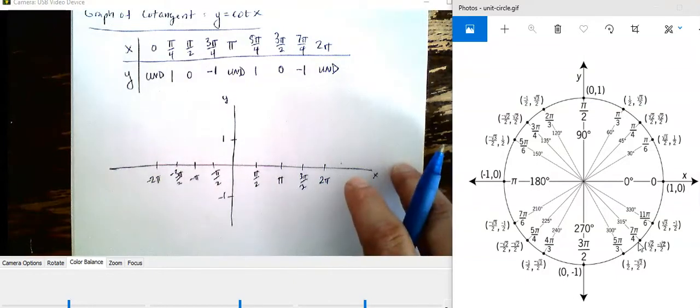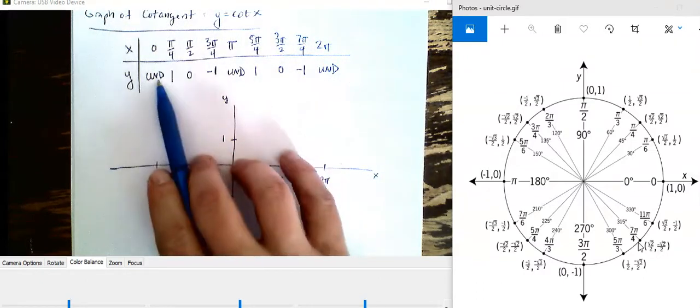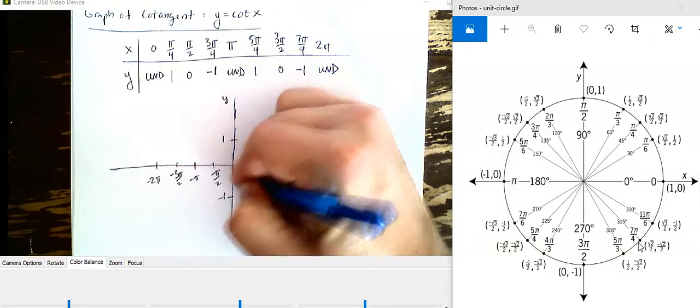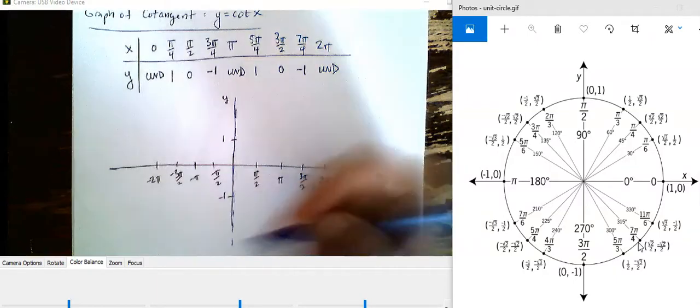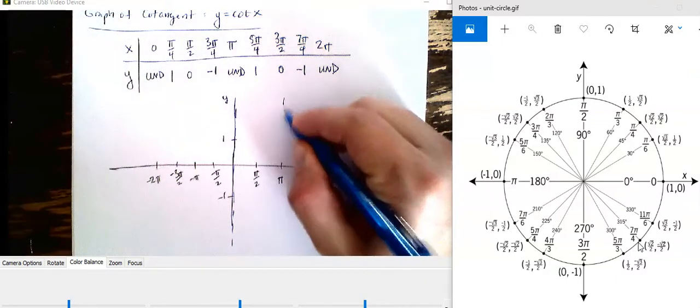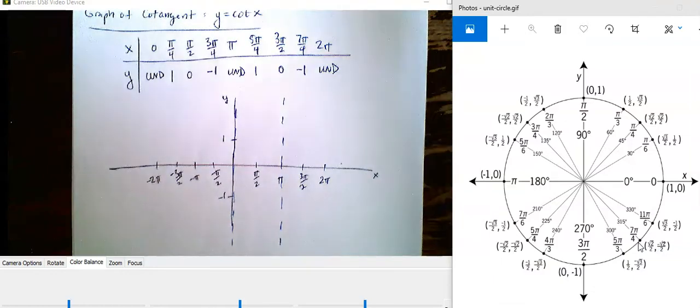Alright, so let's put in our asymptotes first. So at 0 we have undefined, so we know at 0 we'll have an asymptote there. At pi, and at 2 pi.